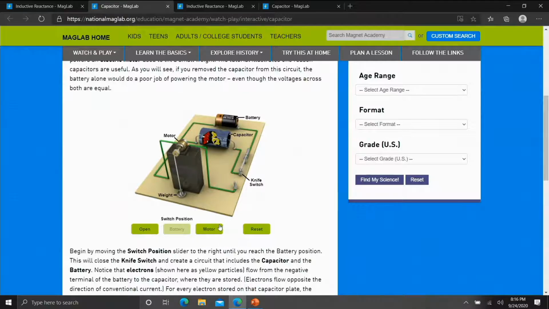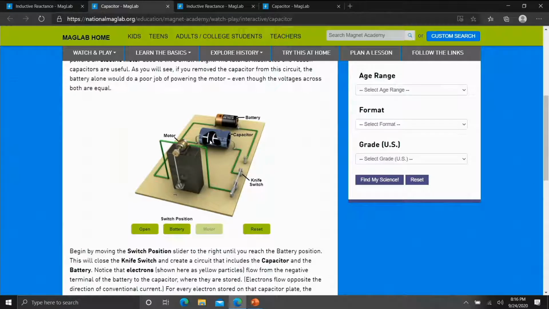Now, if we flip our switch and connect the capacitor to the motor, we see electron flow through the motor, and the motor runs and draws that weight, and the electrons flow not back to the battery, but to the other side of the capacitor until we have zero potential difference across the capacitor.